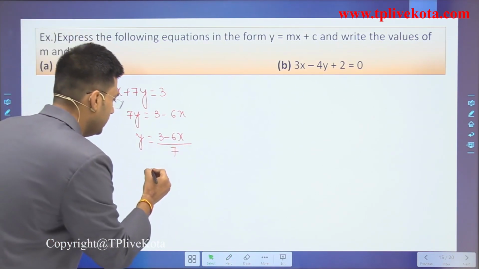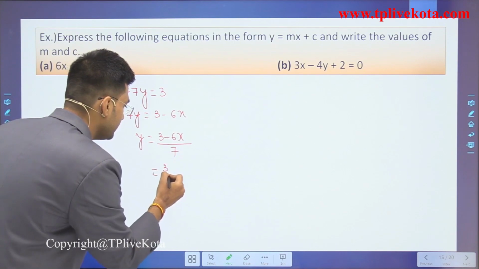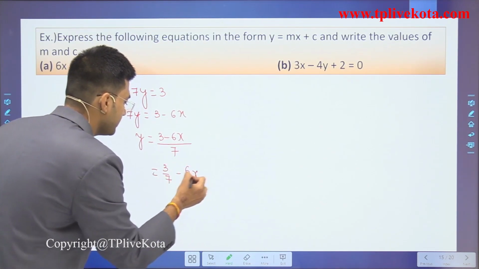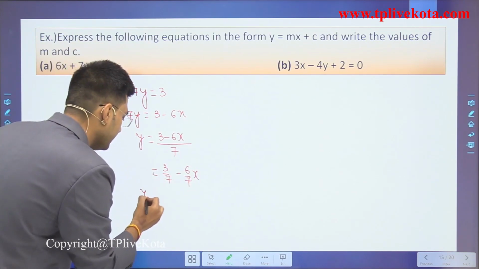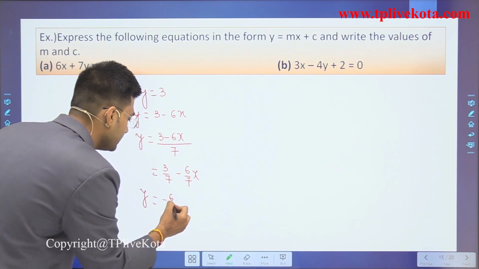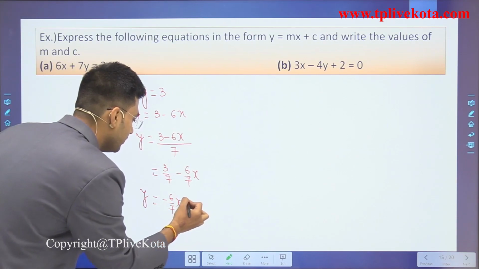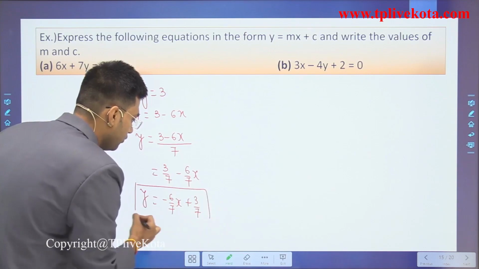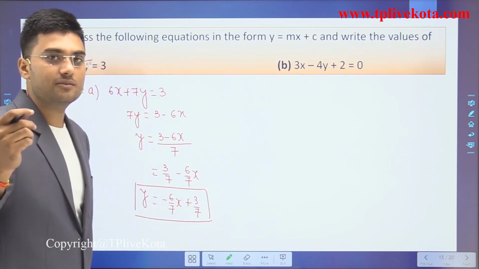Now it is equal to 3 by 7 minus 6 by 7 x, or we can write it as y is equal to minus 6 by 7 x plus 3 by 7. This is the form of y is equal to mx plus c.